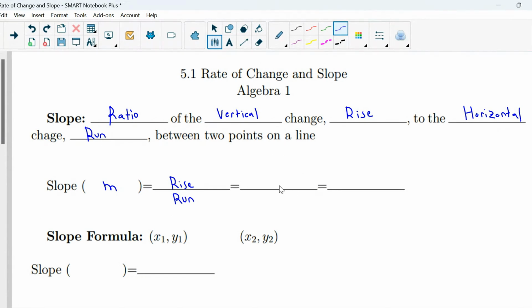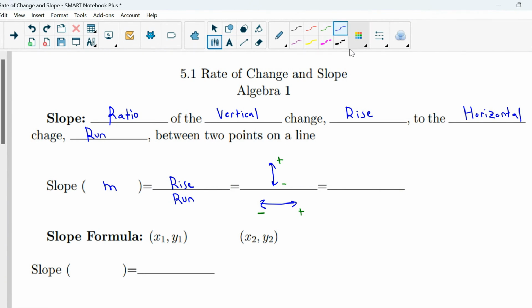The rise, like we talked about, is the vertical change, and the run is the horizontal change. When we're looking at vertical change, positive is when you move up, negative is when you move down, and with our horizontal change, positive is when we move to the right, and negative is when we move to the left.